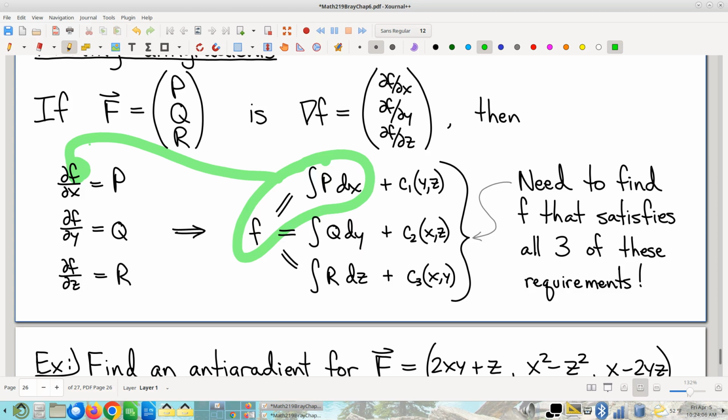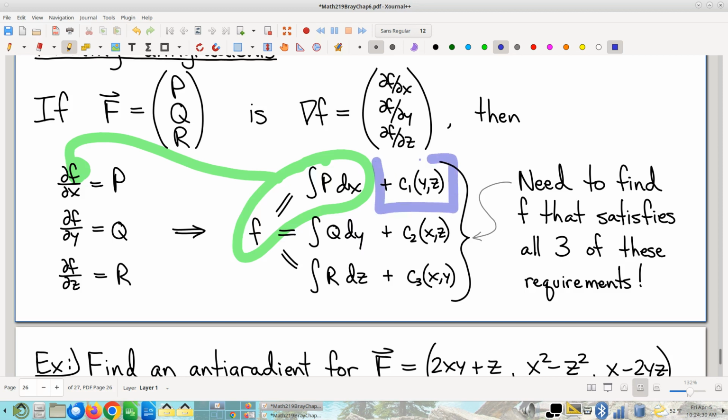Now y'all are accustomed to, in Calc 1 classes, when you're finding antiderivatives, you always say plus c. Right? And why plus c? Well, because constants are the things whose derivatives are 0. Here, we're not requiring that a single variable derivative be 0. We're requiring that a partial derivative be 0.